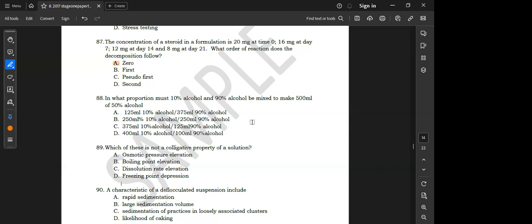And that's zero. So we said for zero order reaction, the elimination is independent of the concentration of the reactant.